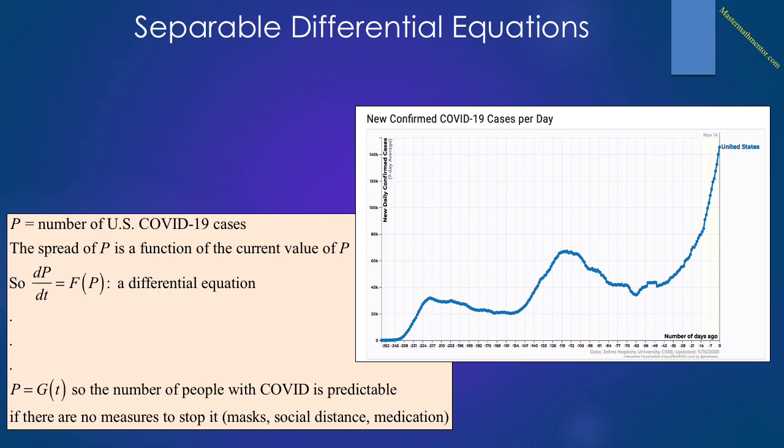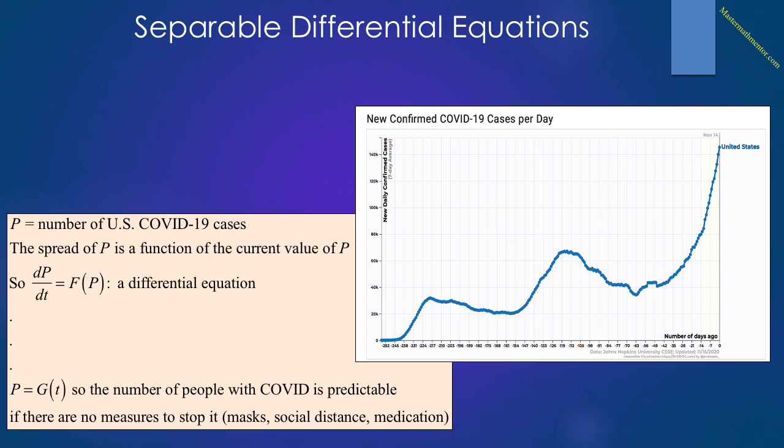The last two videos are concerned with applications of differential equations. Here is an appetizer. We let P equal the number of US COVID-19 cases. We know that COVID is spread by people, either in direct close contact or by touching objects that infected people touch.